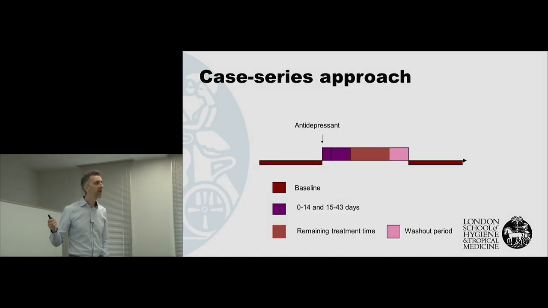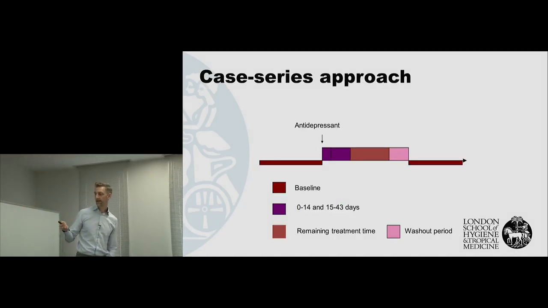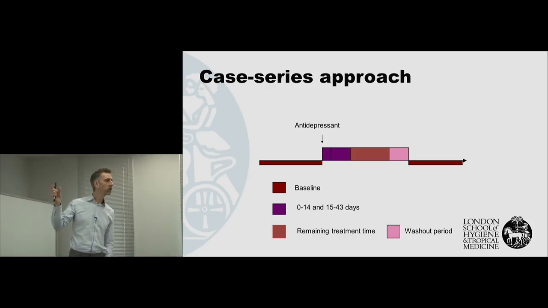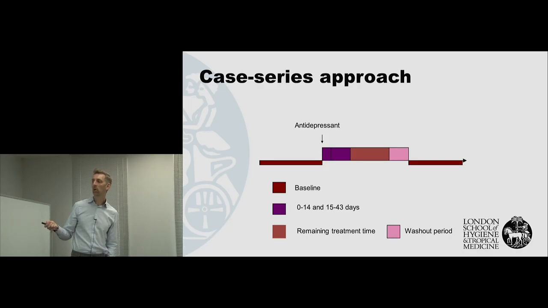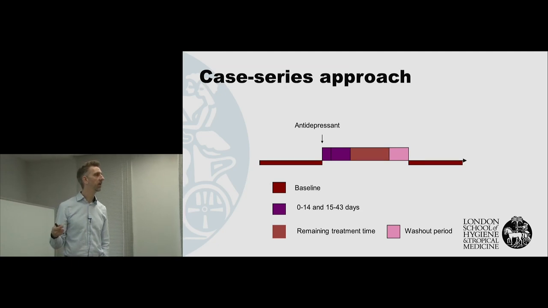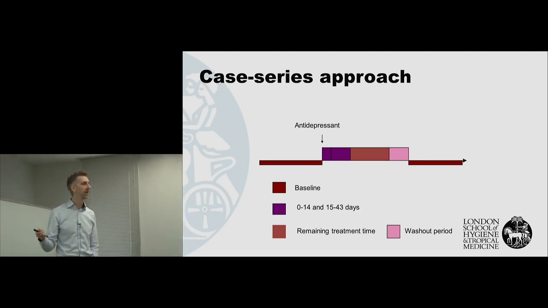For the self-controlled case series, this was the design. They had again, in red, the baseline time, both before and after any treatment. And then they've broken down the high-risk period into several shorter time windows: the first 14 days, 15 to 43 days, the rest of the treatment period while they were receiving prescriptions, and then a short washout period after we think that the patient had stopped receiving treatment, just to separate that time out from the baseline.